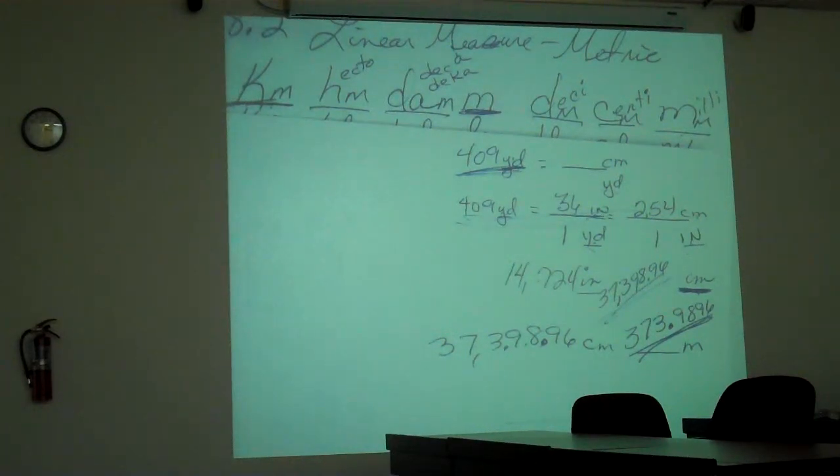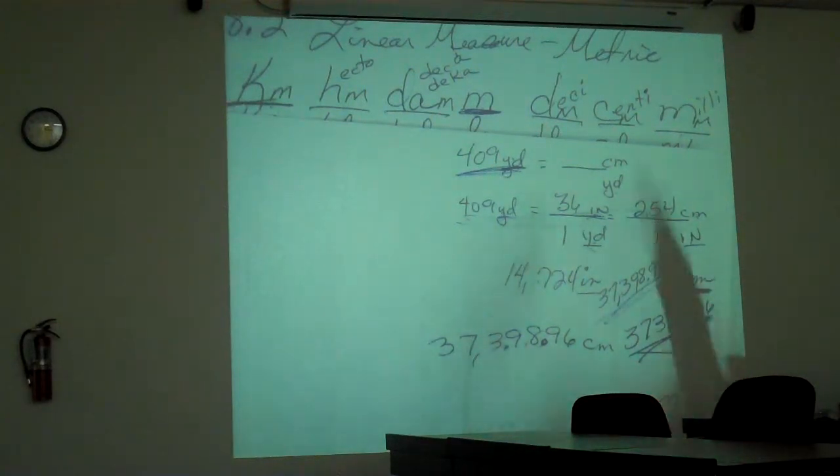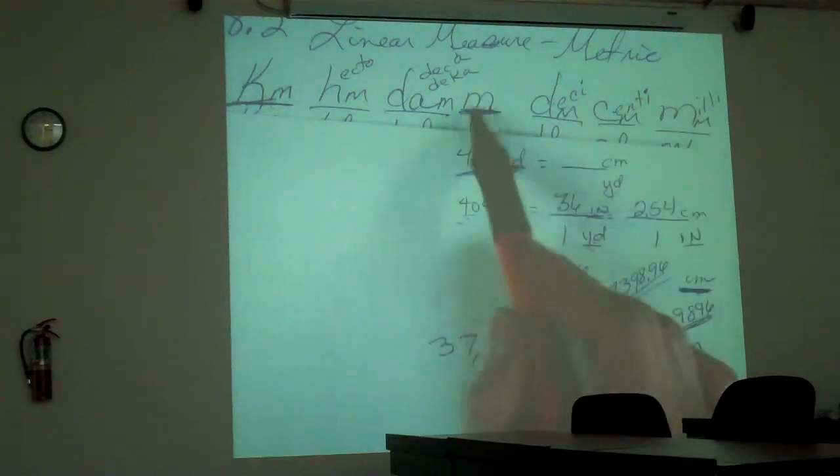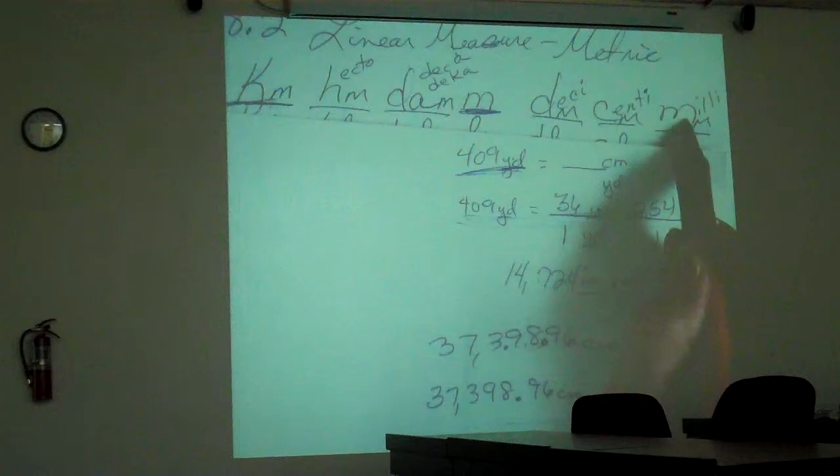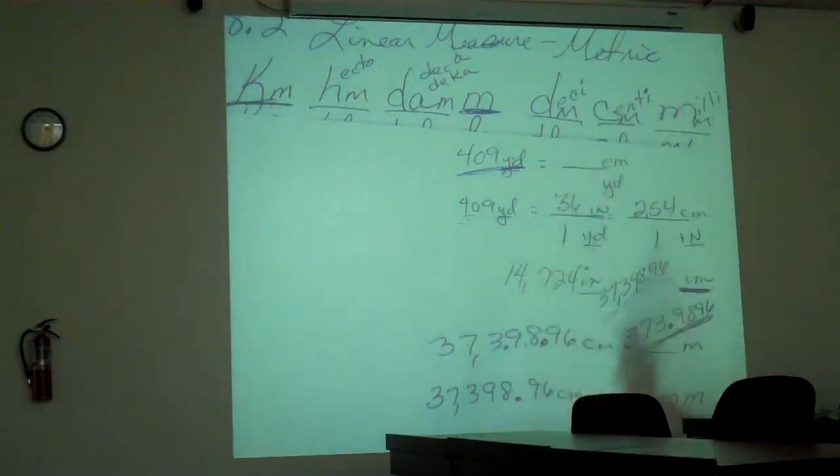Moving the decimal. Okay. How about the last one wants you to go to millimeters. We can go from centimeters to millimeters or from the one we just did. Either way, you've got the same numbers. If you're going from centimeters, it's a lot closer. Centimeters to millimeters is 1 time. Move it 1 time to the right.